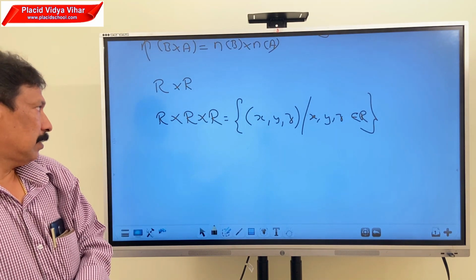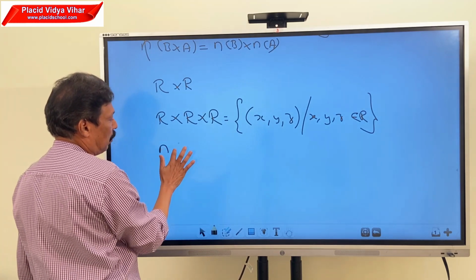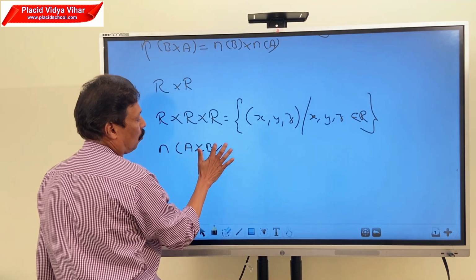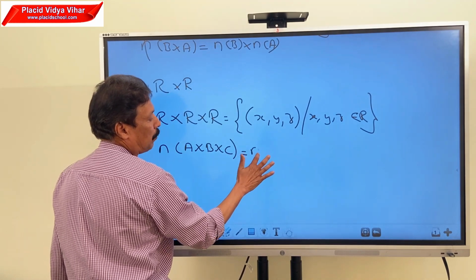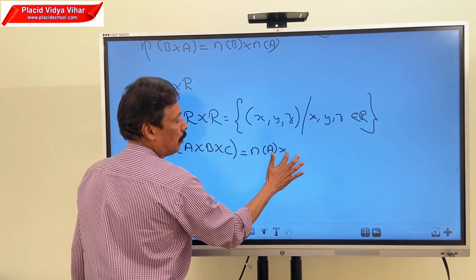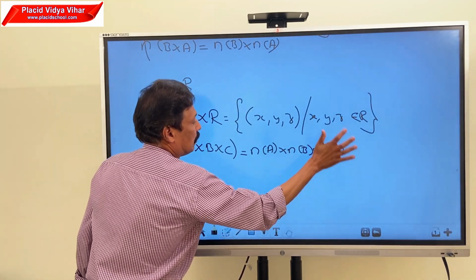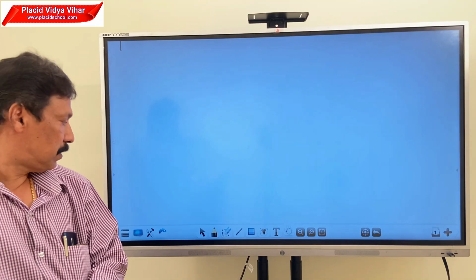Then we consider another point: the number of elements in A cross B cross C is equal to the number of elements in A into the number of elements in B into the number of elements in C. Then we can do some problems.